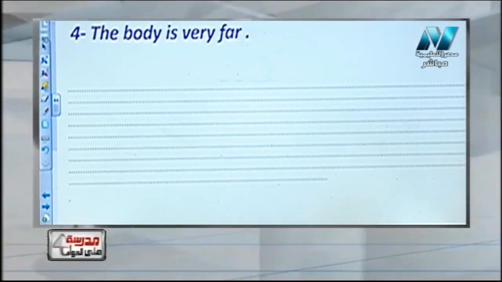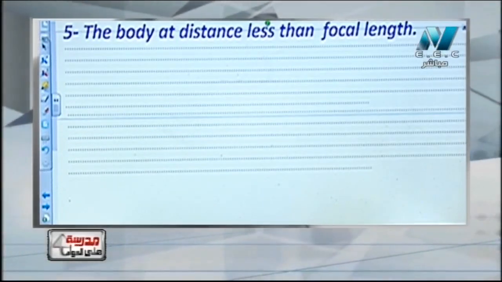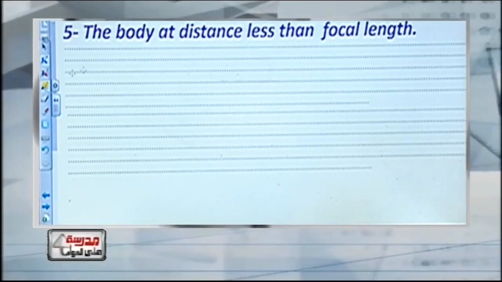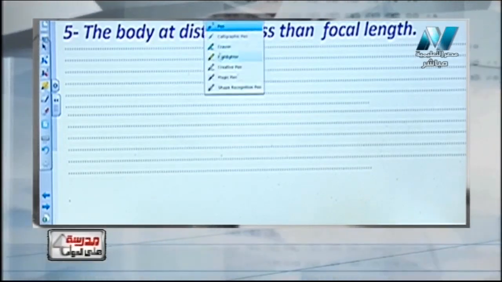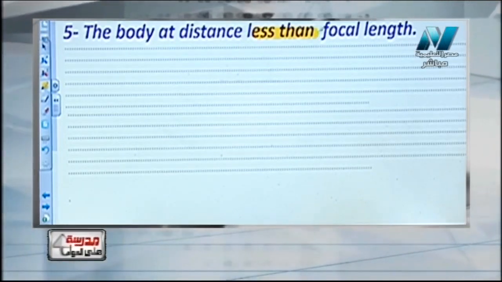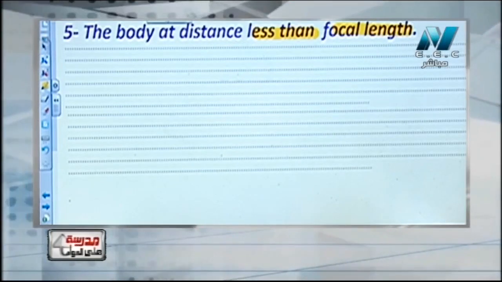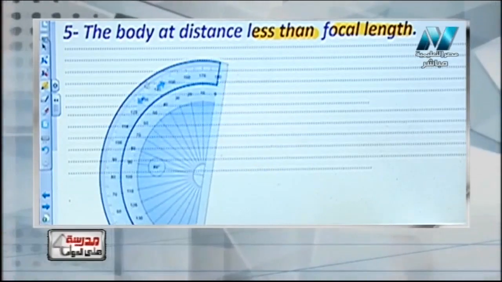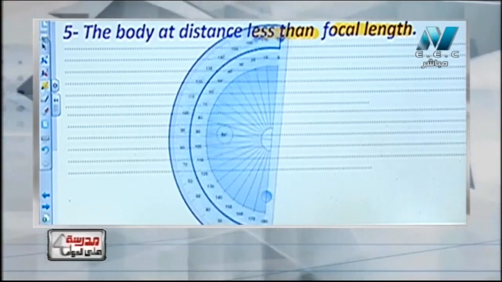As we see here, body at distance less than focal length. Of course, we will use the ruler and protractor again.